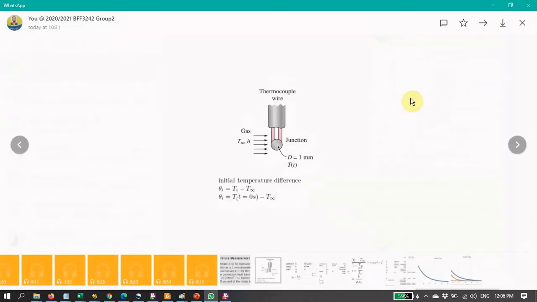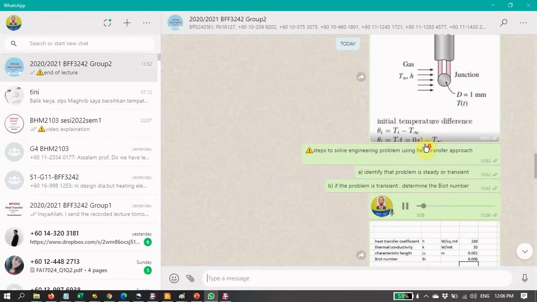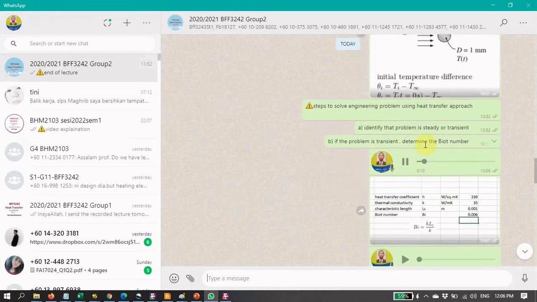Right. So the above is the step, from my experience. When we want to solve a heat transfer problem, first we would like to identify the heat transfer system, right? What is the temperature of the heat transfer system?